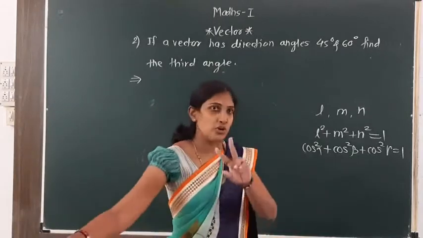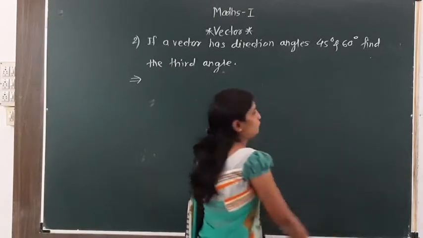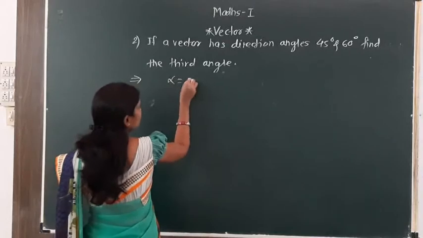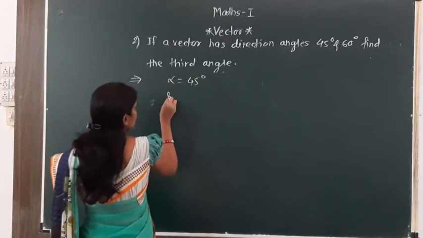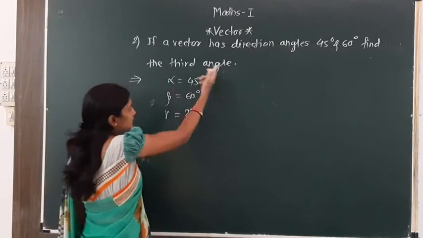They give us any two angles, 45 degree and 60 degree. So suppose alpha is equal to 45 degree, beta is equal to 60 degree, and we have to find gamma, the third angle.